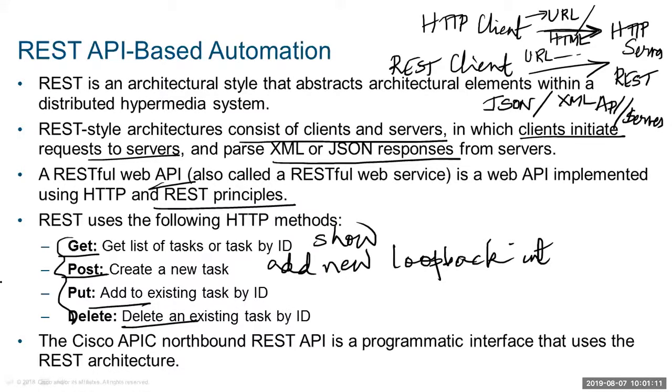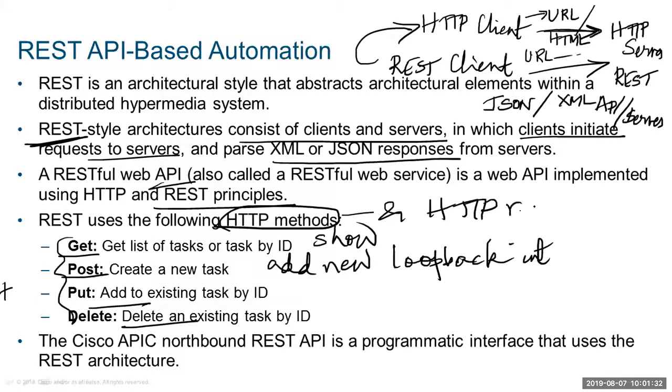These plus many more are HTTP methods. So that's why I like to call REST an HTTP subsystem. REST cannot exist without HTTP because it uses HTTP methods and HTTP responses.